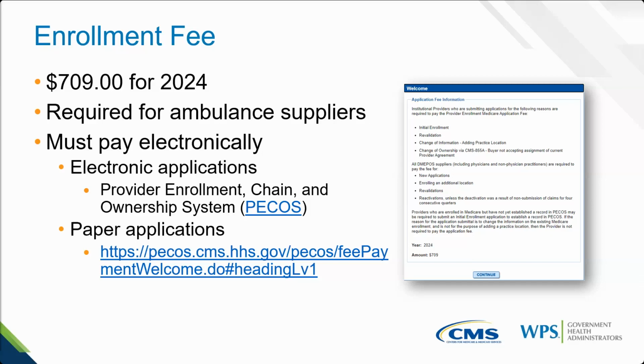However, if you're doing a paper application, or you've submitted the application and you're now being asked to pay that fee, there is another option, and it is our external payment system, and there's a link provided for you here. I am going to go ahead and show you that.